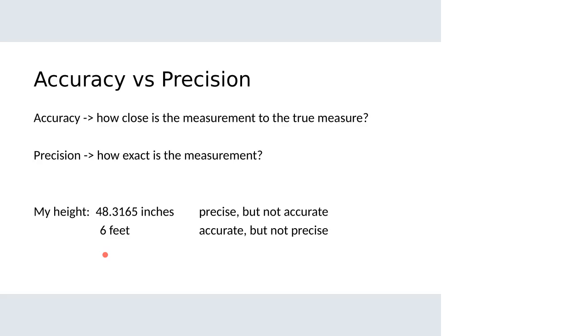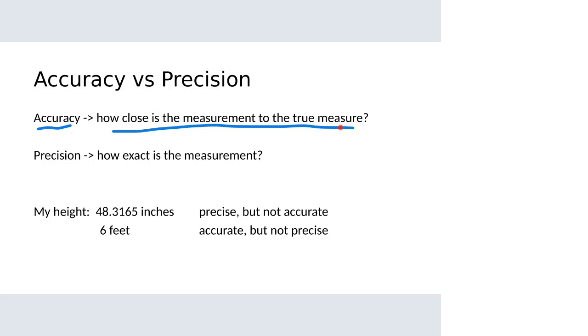Okay. I mentioned the word precise earlier today. And right now we're going to talk about the difference between accuracy and precision. Accuracy is how close the measurement is to the true measure. Like, how close is my measurement to the truth?